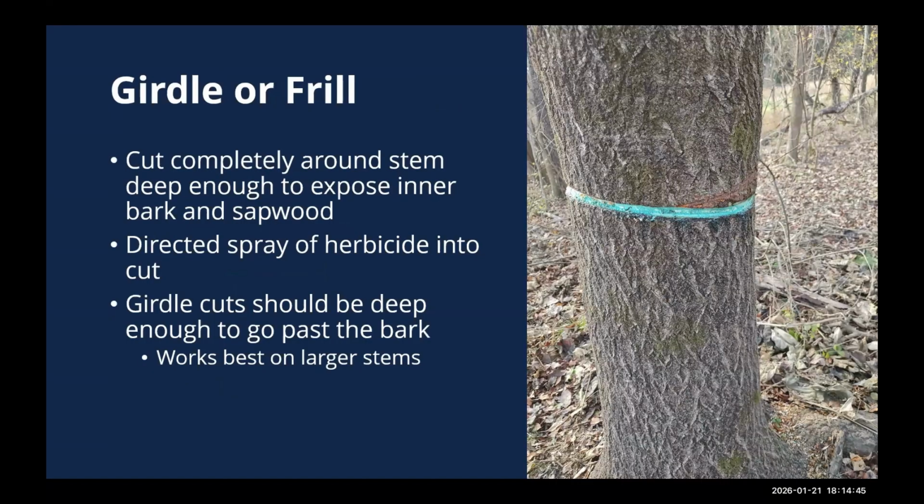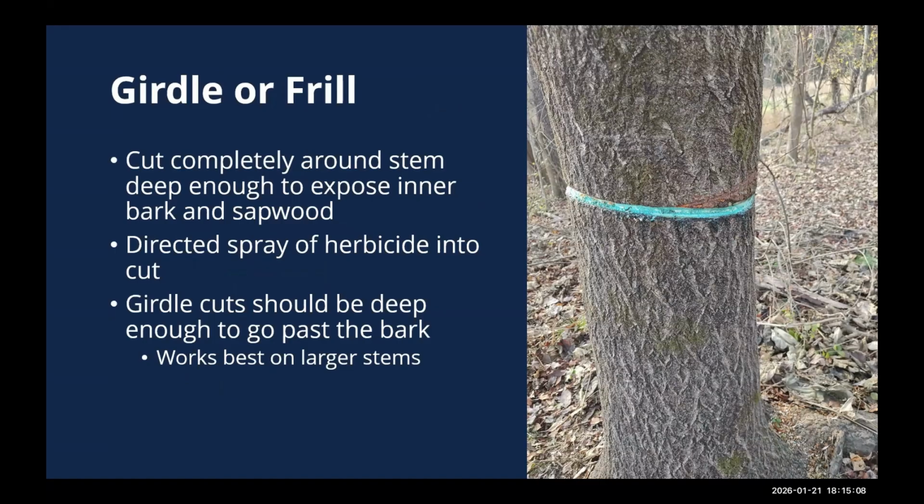A girdle, or what we call a frill cut, is one where you're cutting completely around the stem of the plant, deep enough to get through the entire bark, so you're exposing all the way down to the sapwood. Then you're directing that spray of herbicide right into that whole cut surface around the entire circumference of the plant.